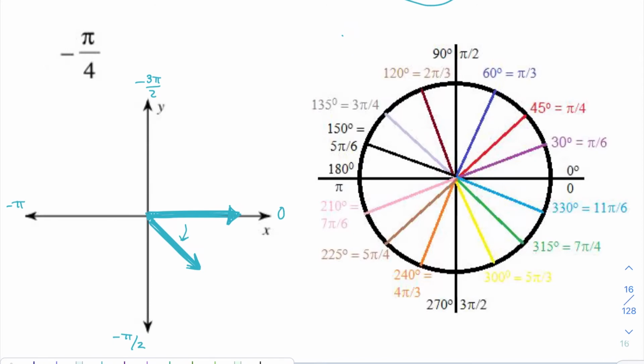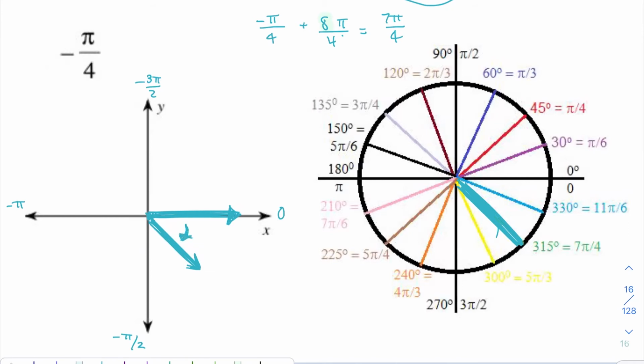So if we add a full rotation, negative pi over 4 plus 2 pi, that will give us where the terminal side would be on the unit circle. Because 2 pi is the same thing as 8 pi over 4. Add across the top, 7 pi over 4. So that's another way we can see that the terminal side must be at 7 pi over 4. But since it's a negative angle, our arrow is going to go inside.